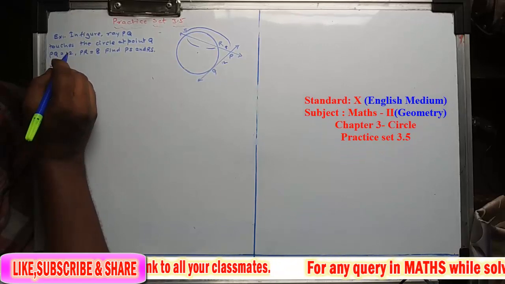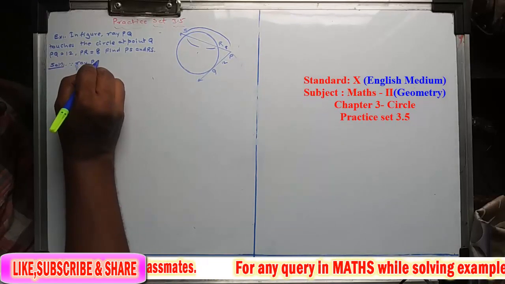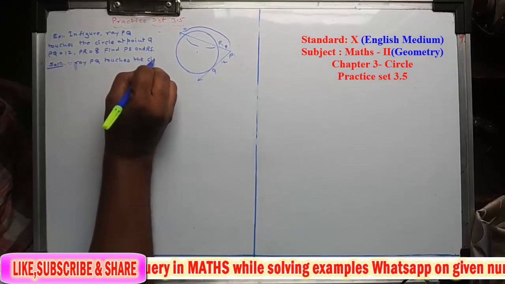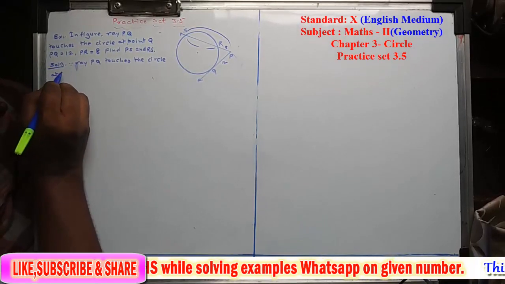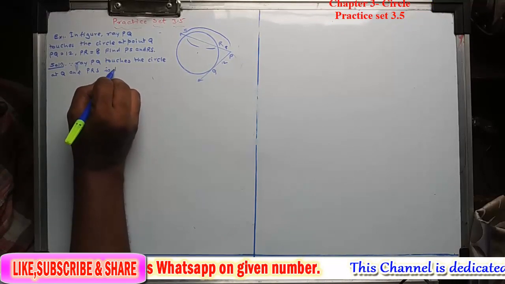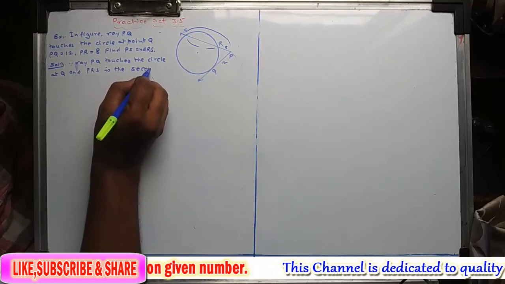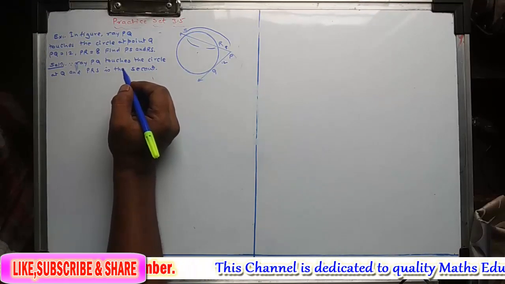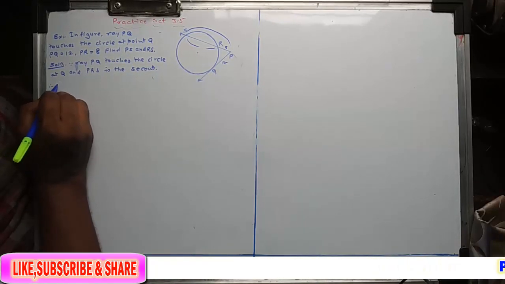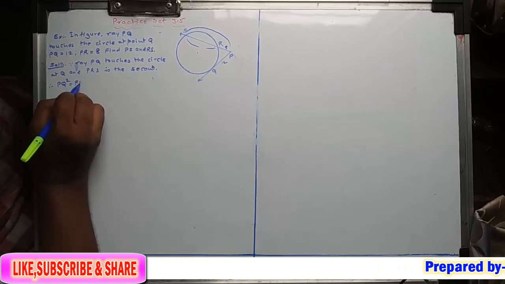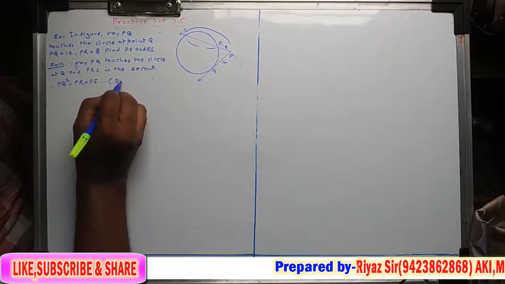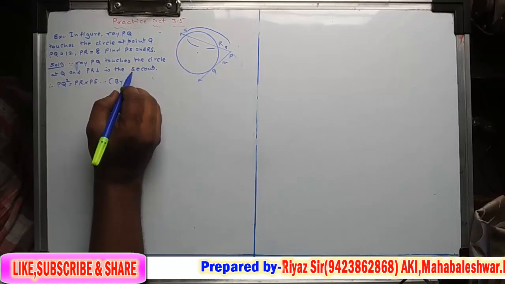Solution. Since ray PQ touches the circle at Q and PRS is the secant, therefore PQ square is equal to PR into PS, by the tangent secant segment theorem.